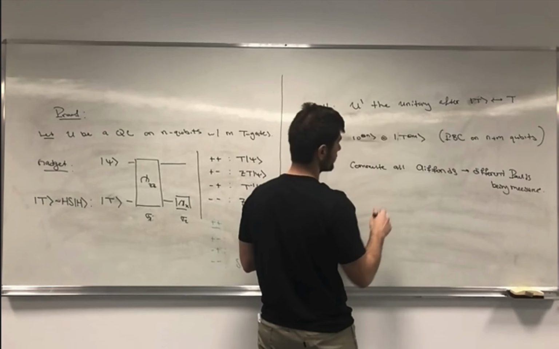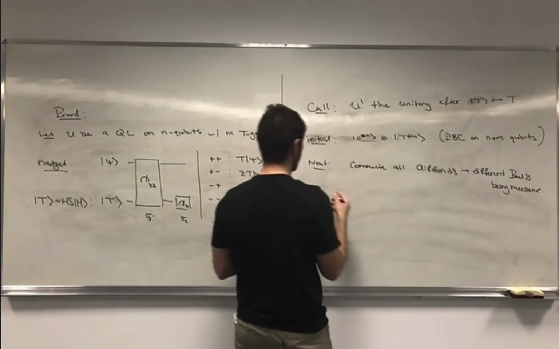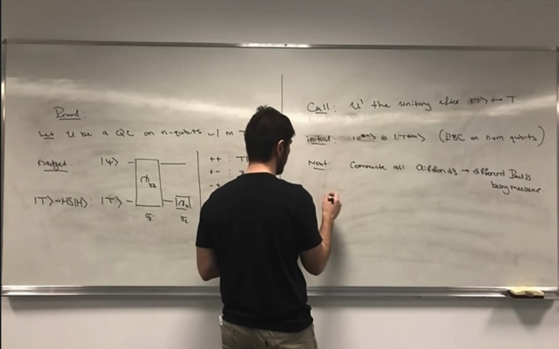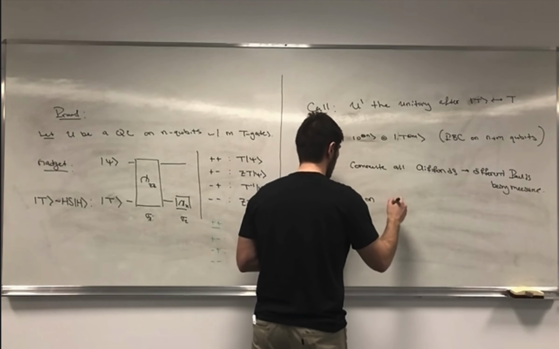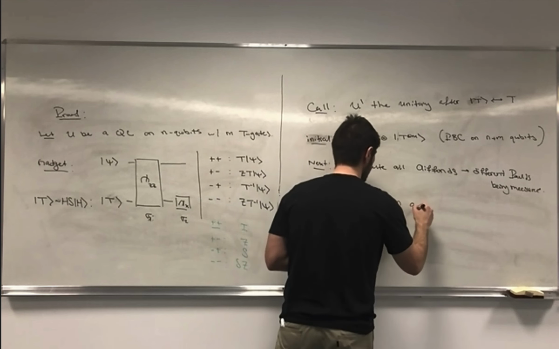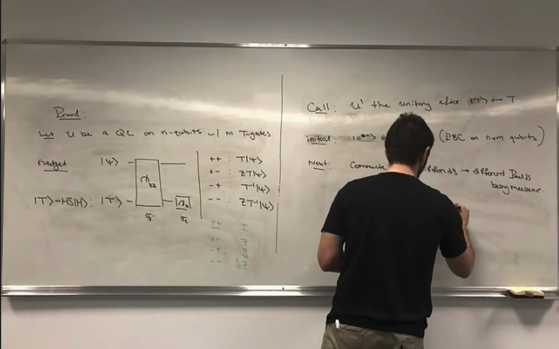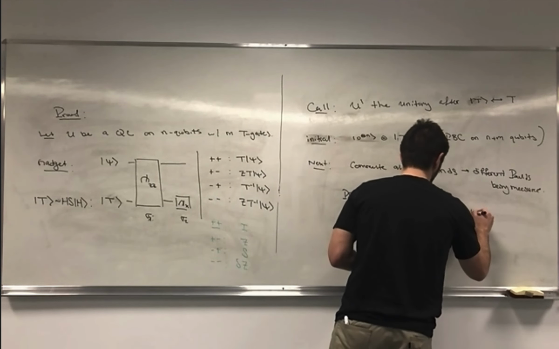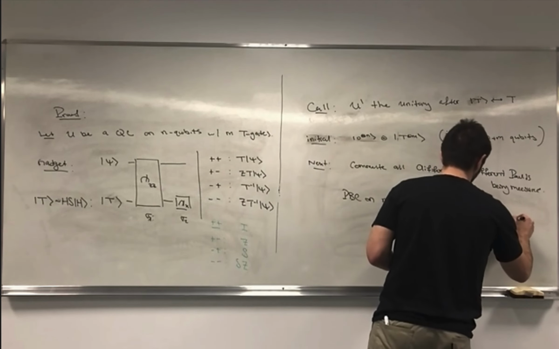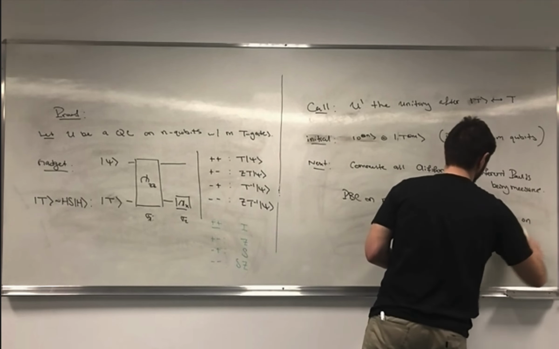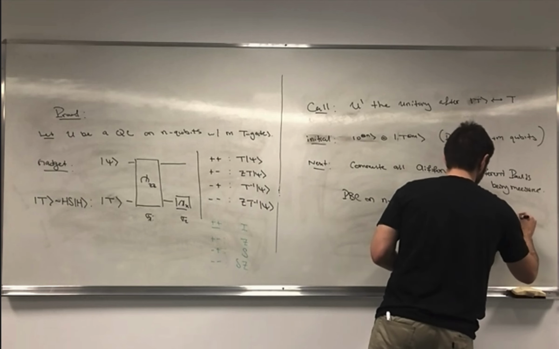And then once you commute all of the Cliffords through and you update the Paulis, then you have the first leg of this, which is the following: that PBC on n plus m qubits simulates U on 0 to the n.